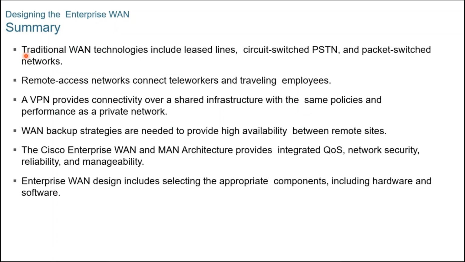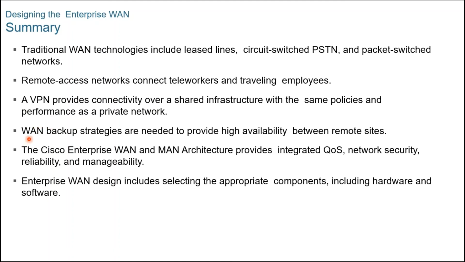Now let us summarize designing the enterprise WAN. Traditional WAN technologies include leased lines, circuit-switched PSTN, and packet-switched networks. Remote access networks connect teleworkers and traveling employees. A VPN provides connectivity over a shared infrastructure with the same policies and performance as a private network.